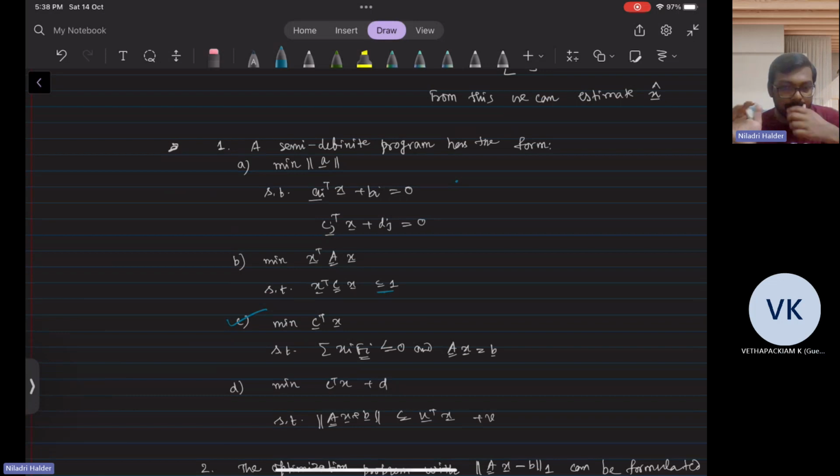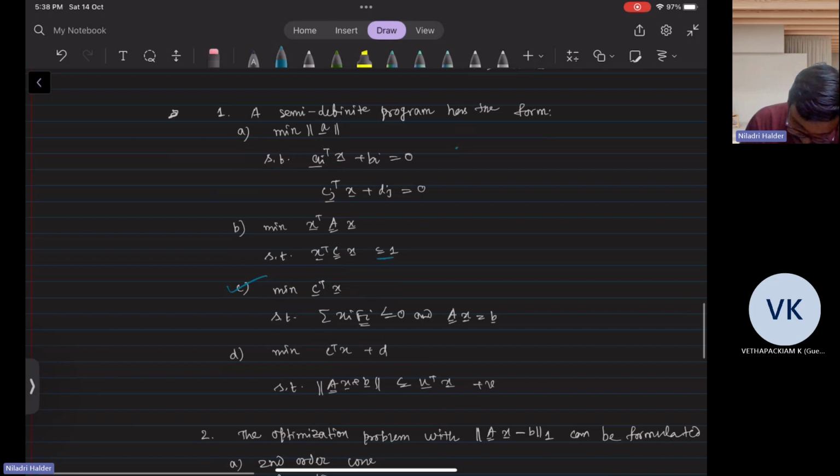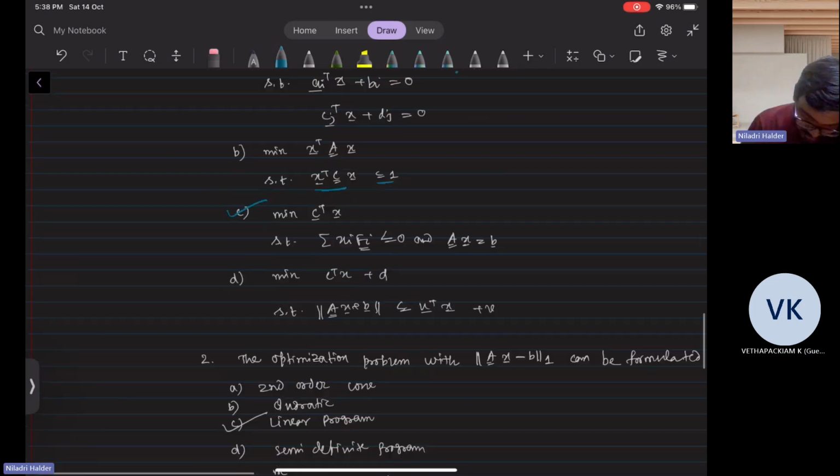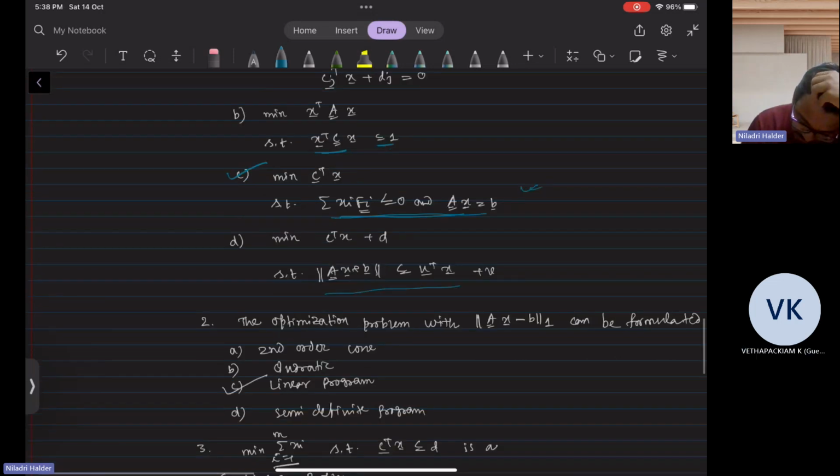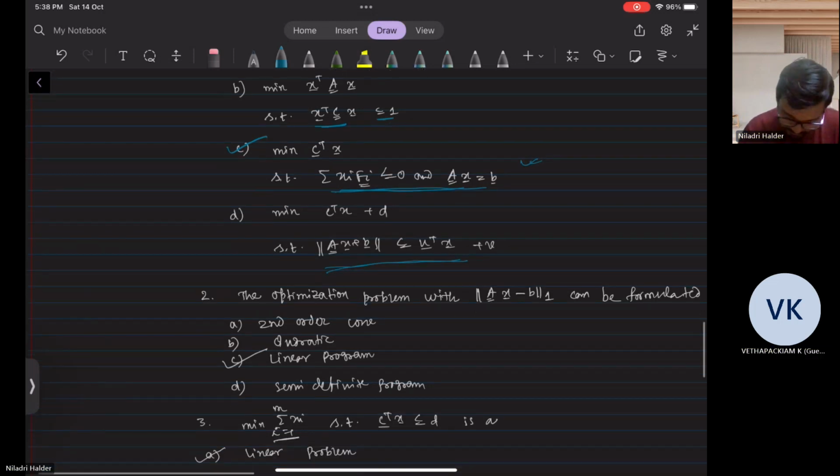But here some matrix should be greater or less than or equal to 0; here it's just a scalar that is less than or equal to 1, so it can't be a positive semi-definite constraint. Then option C is matching with our first SDP problem, so this is the correct answer. In the fourth case also this is just a scalar, so it is not matching, and there is no matrix involved here. That's why option C is correct.